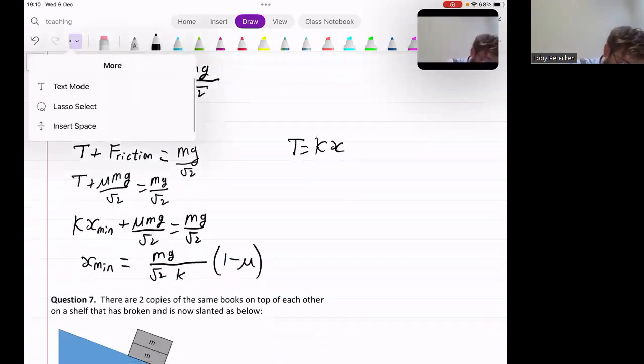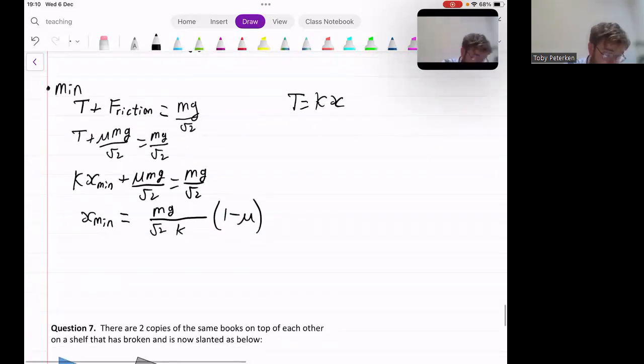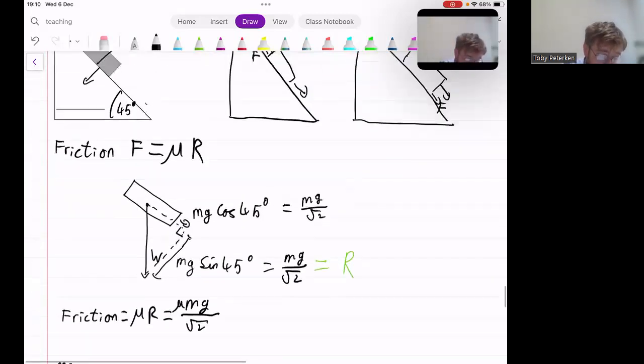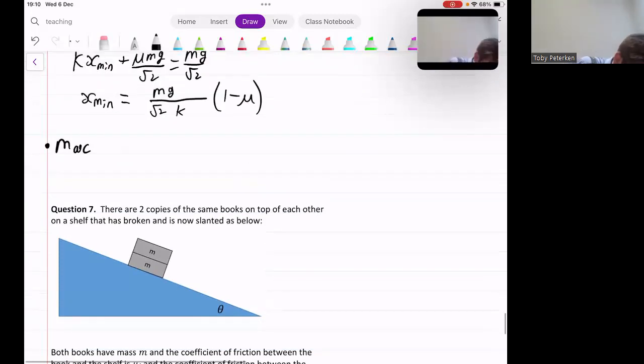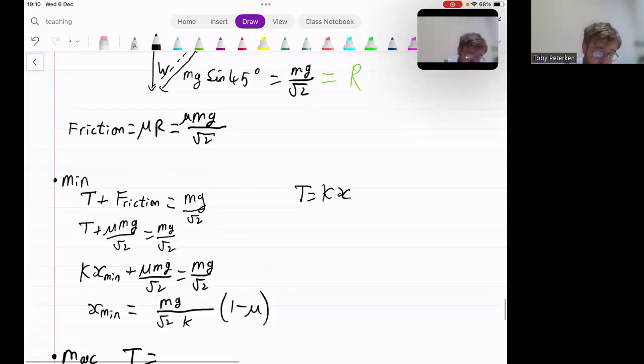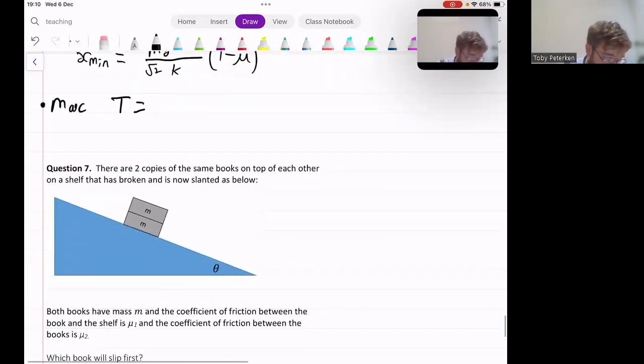Now, alternatively, the maximum extension it can have is when tension acts in the opposite direction to both friction and the component of the weight down the slope.